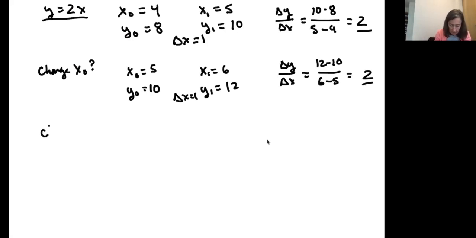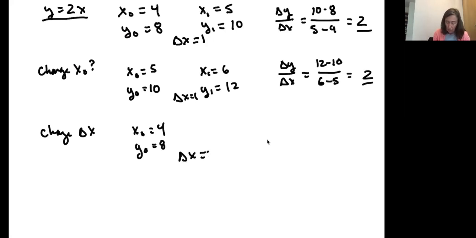What if I change delta x? Let's go back to having 4 be our starting value for x, so 8 is our starting value for y, but now let's take a bigger delta x. Let's change x a little bit more, make it 2, so that now our ending value for x is 6, and f of 6 in this case will be 12, 2 times 6.